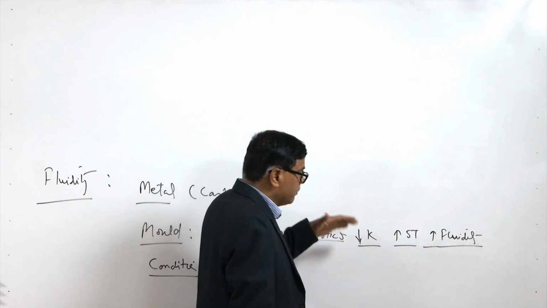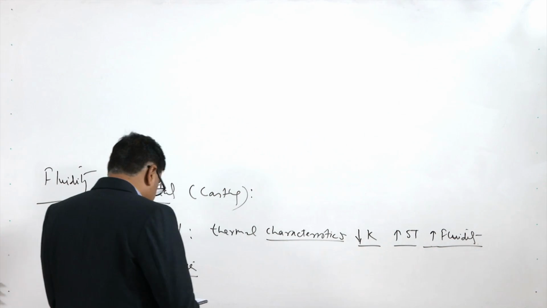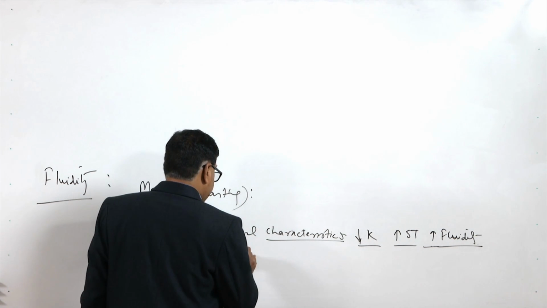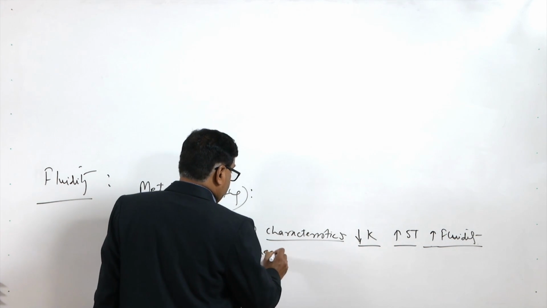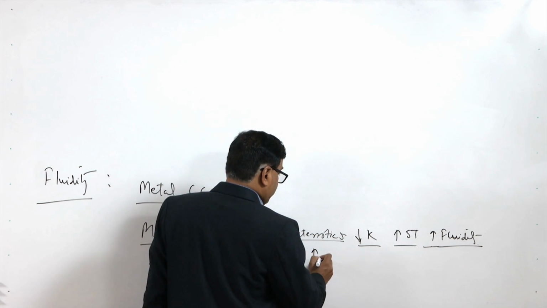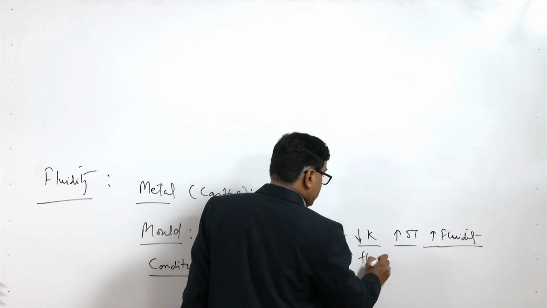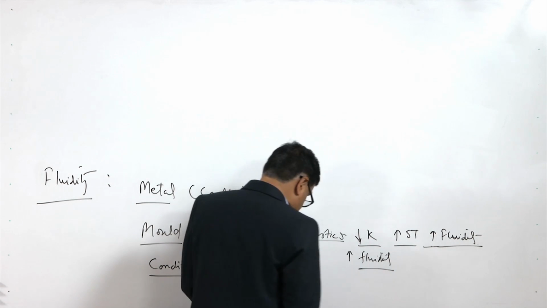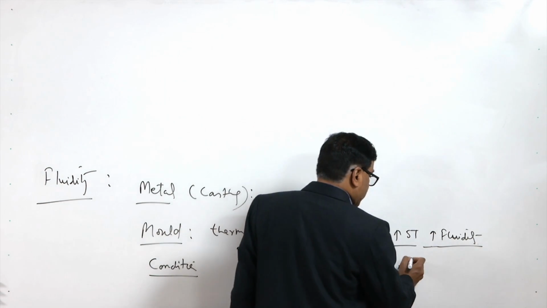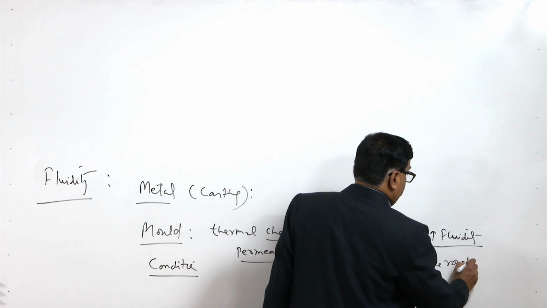High thermal conductivity of the mould wall will be leading to the reduced fluidity of the molten metal in the mould. Permeability of the mould will also be affecting. So, high permeability actually results in the higher fluidity of the molten metal, and then of course, another factor which will be affecting is the surface roughness of the mould wall.